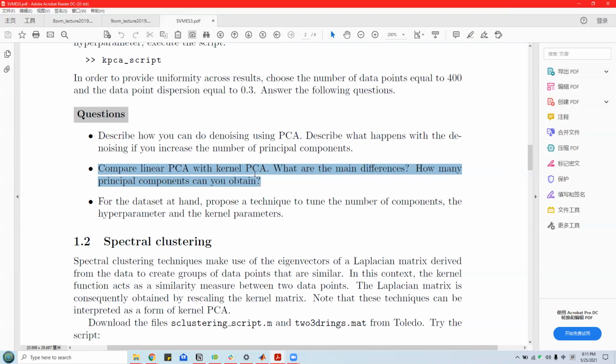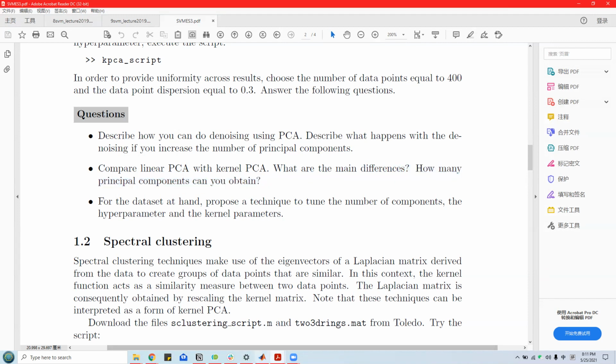And then the second question is basically very theoretic. So you need to discuss the difference between linear PCA and kernel PCA, and how many principal components you can obtain for both, I guess.